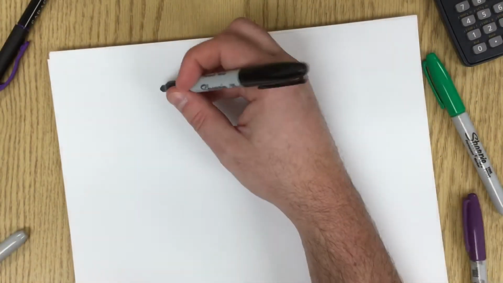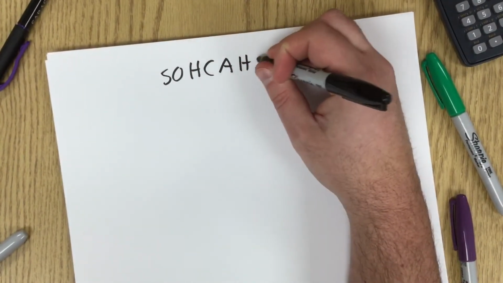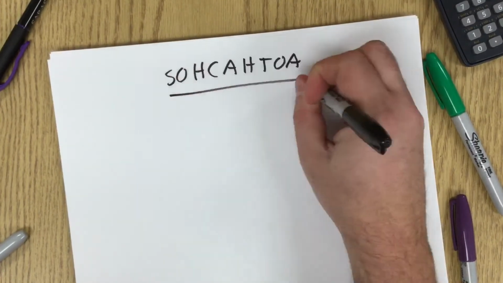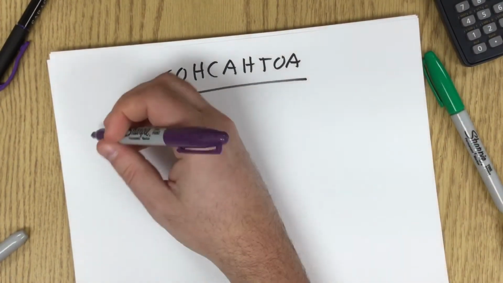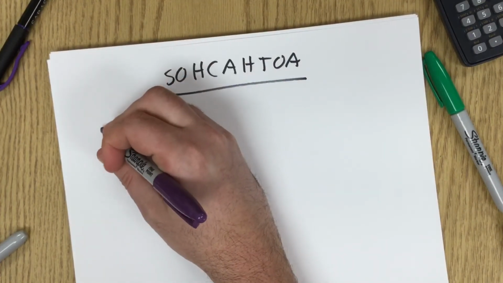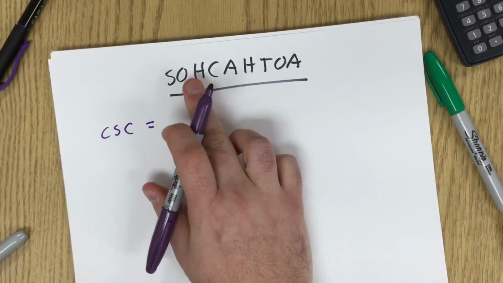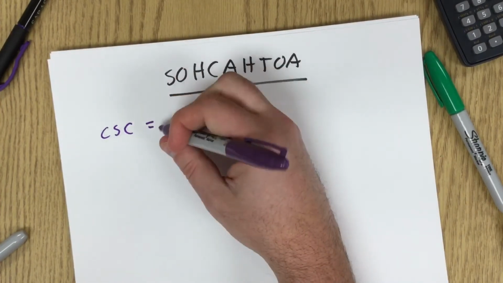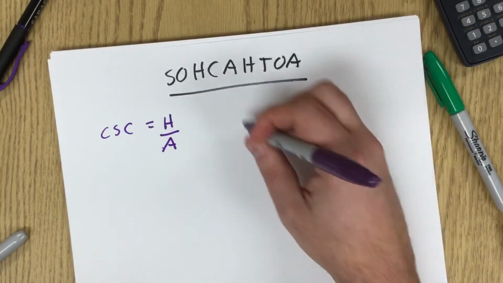We know that we have SOHCAHTOA. So what does this tell us about the reciprocal ratios? Well, the cosecant, which is 1 over the sine, so sine is normally opposite over hypotenuse, so cosecant is going to be hypotenuse over opposite.